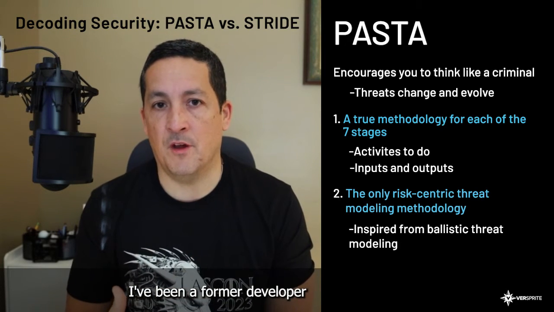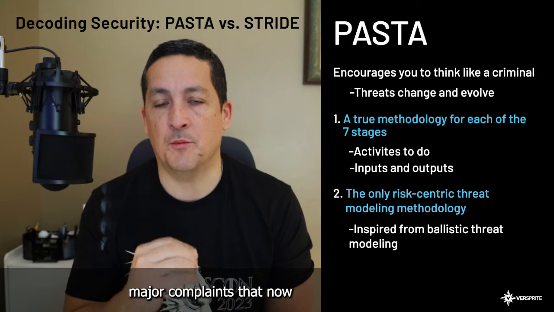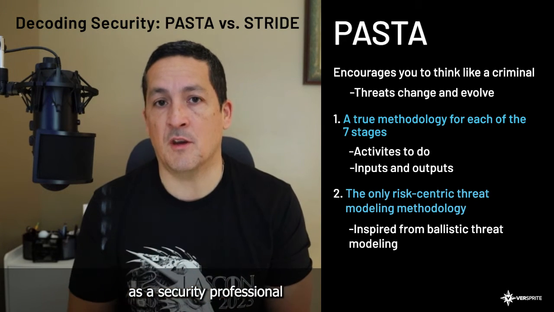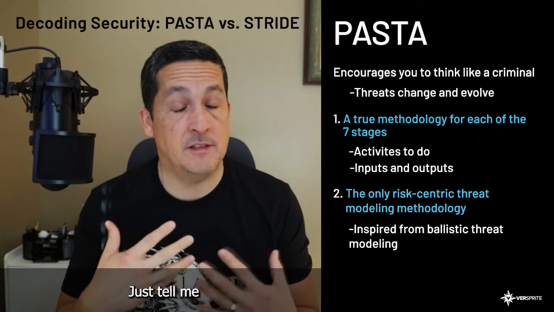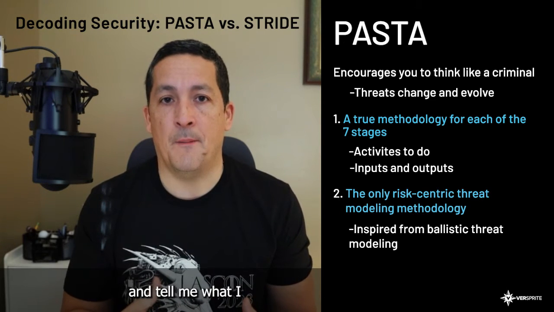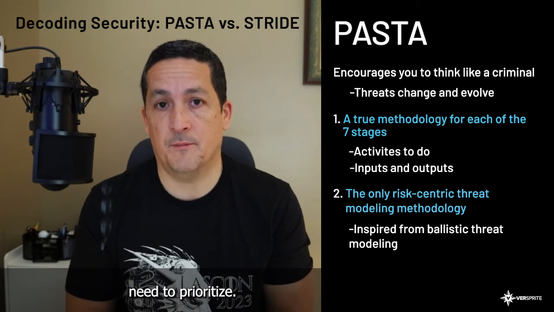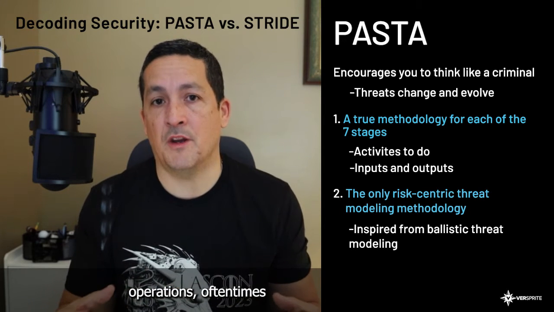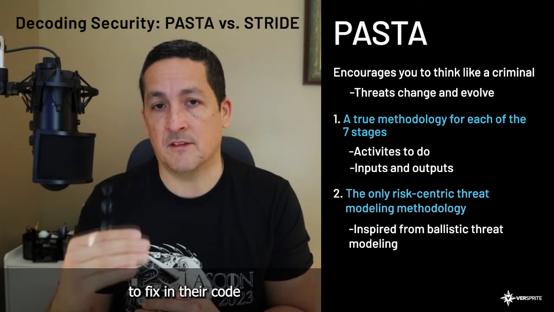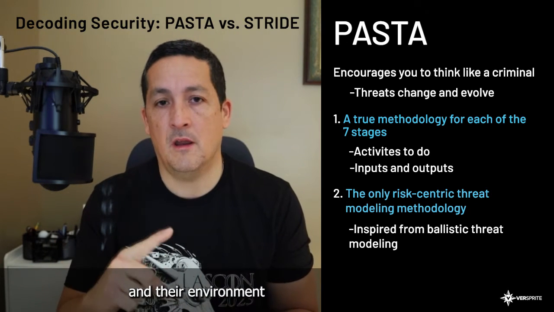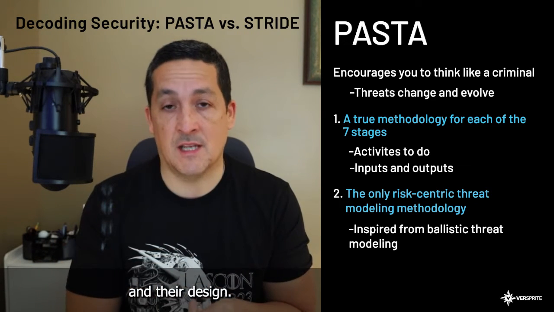I'm a former developer, and one of the major complaints developers have, when I talk to them as a security professional, is they say, just tell me what I need to know and what I need to prioritize. In security operations, developers are often given lists and lists of things to fix in their code, their environment and their design.